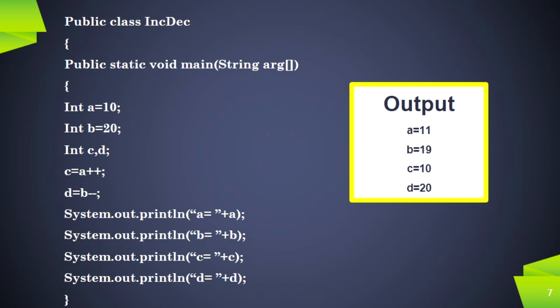D is equal to b minus minus. It is a decrement operator and the value was 19. So the second time when it is initialized, the value stays constant. So d is 20. So the output goes like this. Output a is equal to 11, b is equal to 19, c is equal to 20 and the last one d is equal to 20.